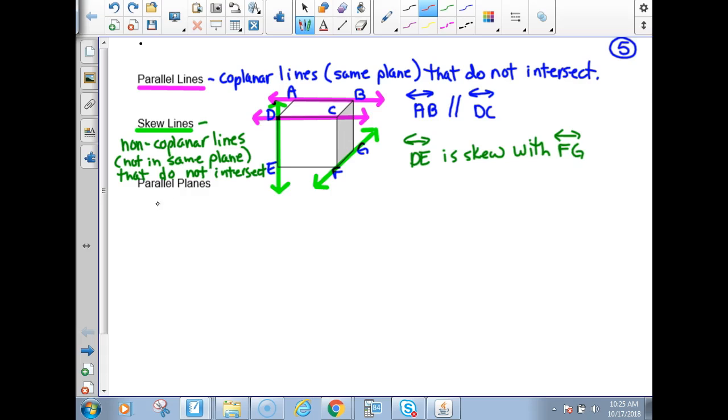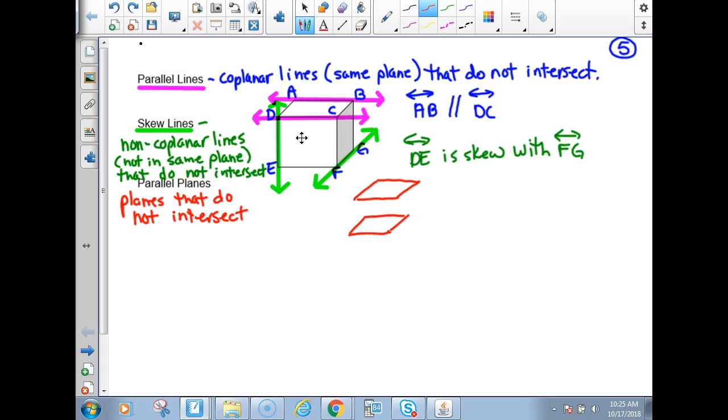All right, next I'm going to talk about parallel planes. Of course, those are planes that do not intersect. So you could draw planes that don't intersect by making a little parallelogram and one above the other.